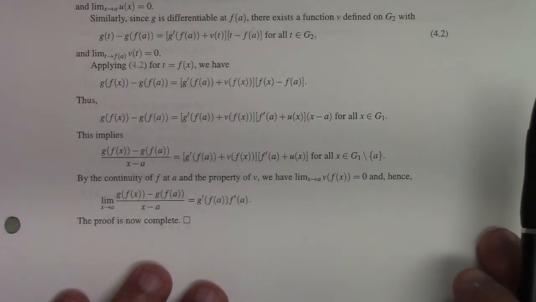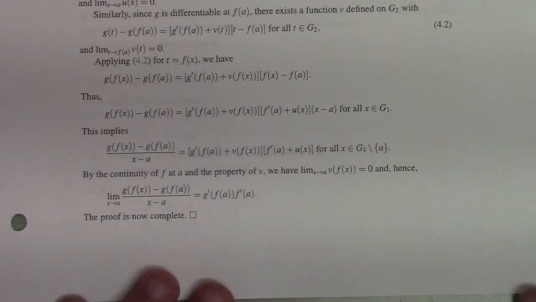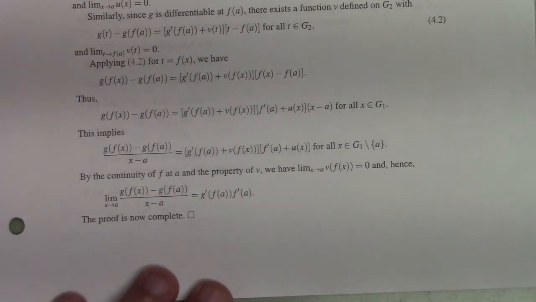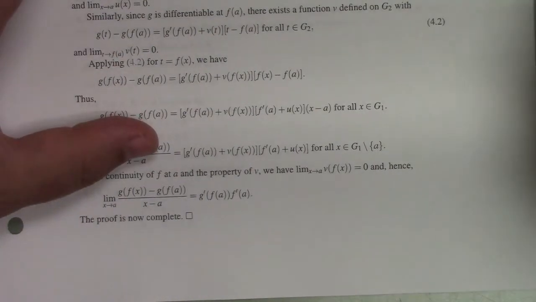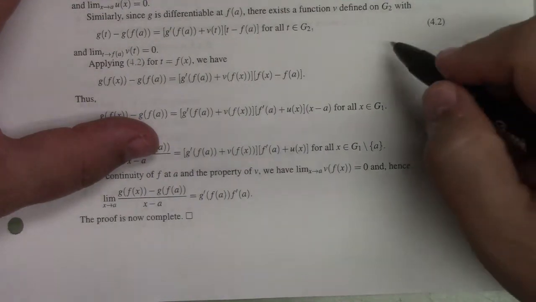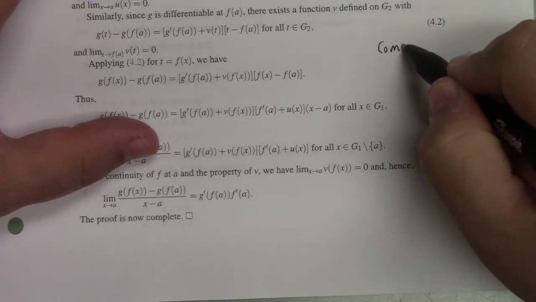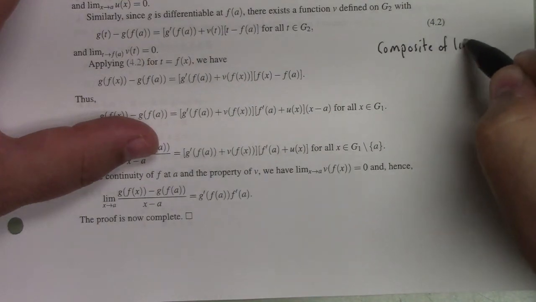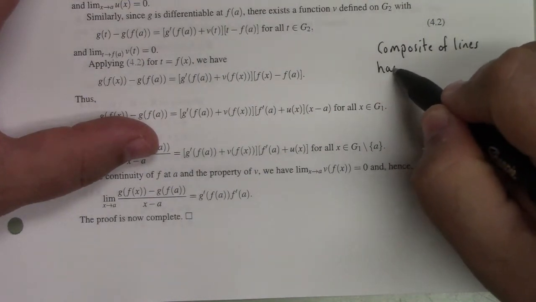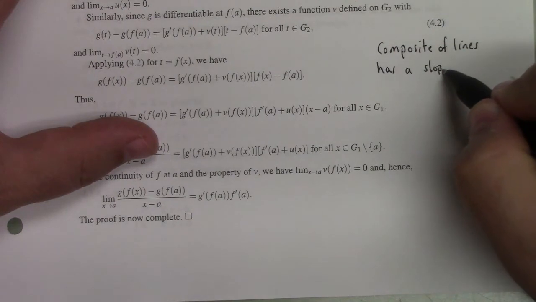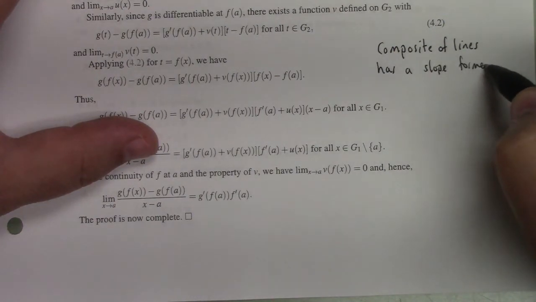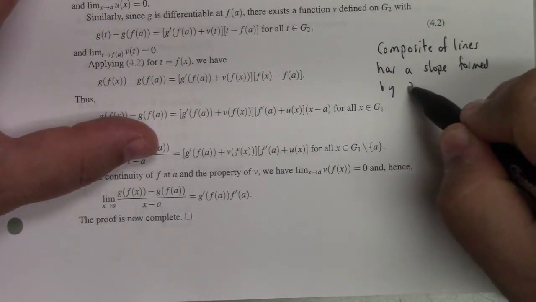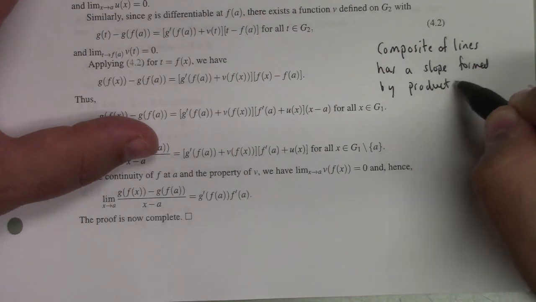But this is lovely, though I think it also runs the danger of losing why the chain rule is true, and the real reason that the chain rule is true is just because the composite of lines has a slope formed by the product of the slopes.